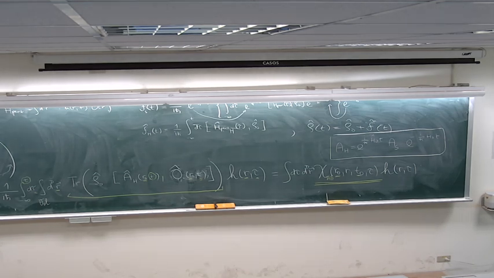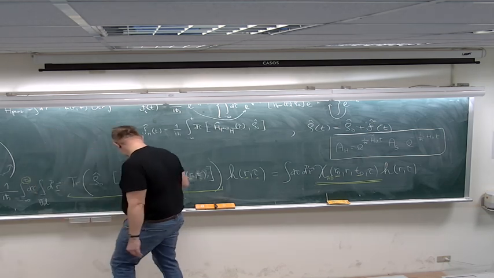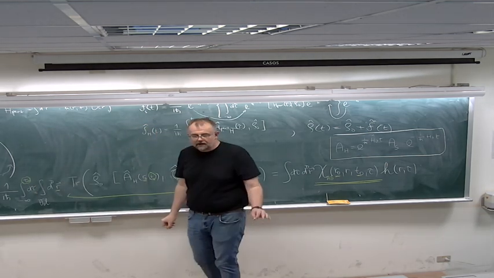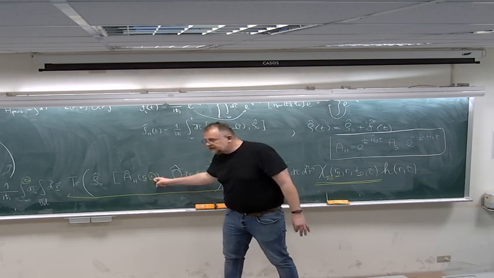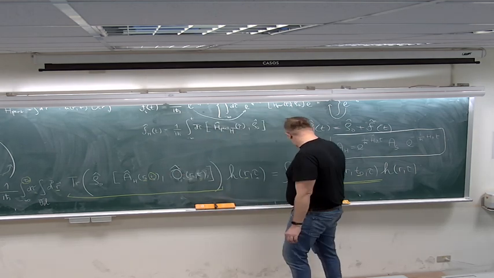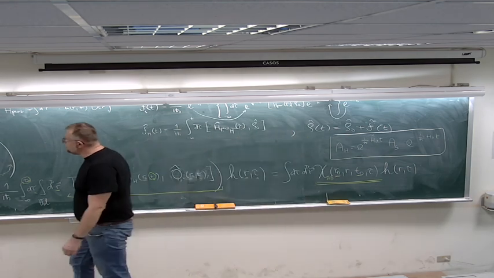And also we can have a time t0 that we are looking for. If I want to have a response at some time t0, then it will be this time. This is not the integration variable. Okay, so this is the Kubo formula.